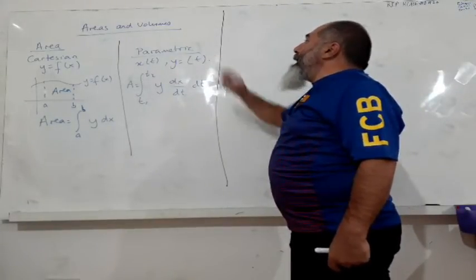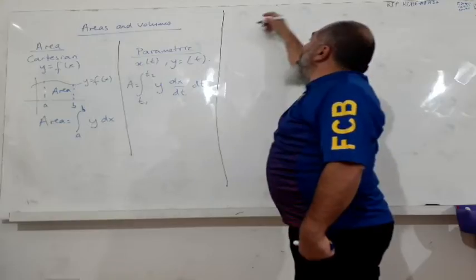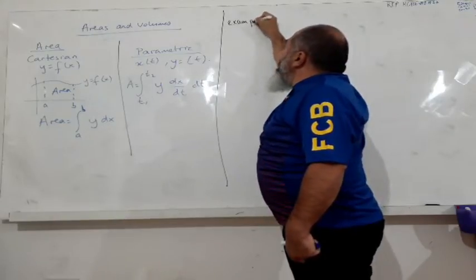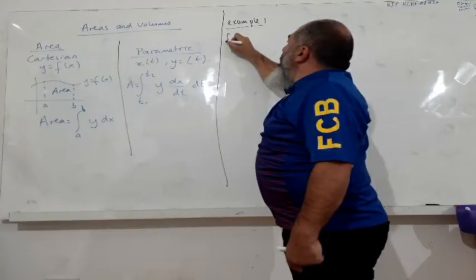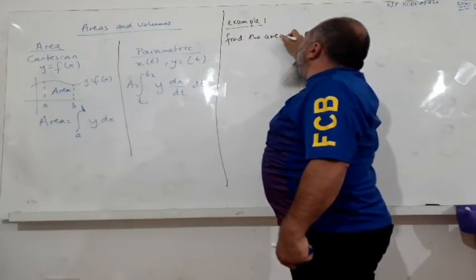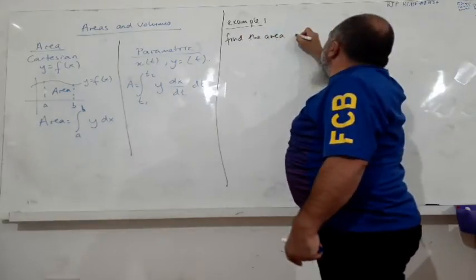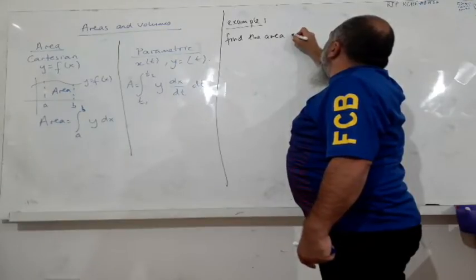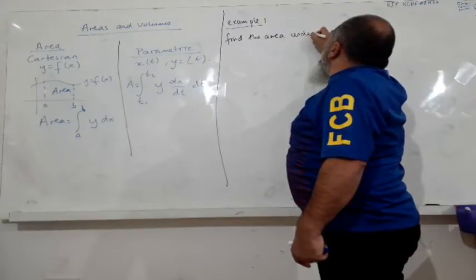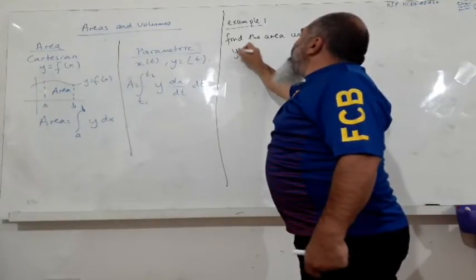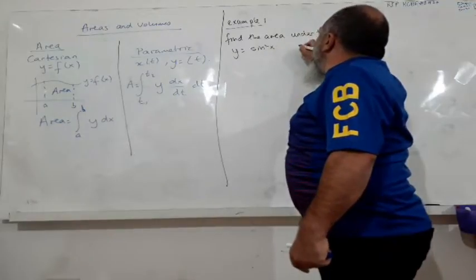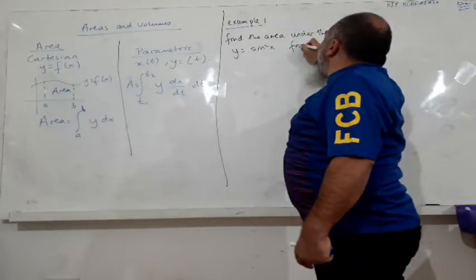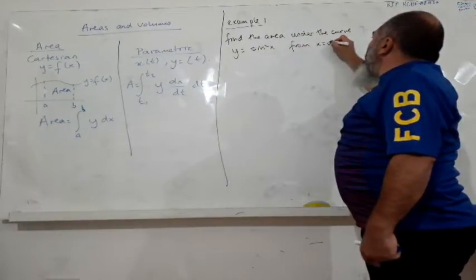Example 1. Find the area under the curve y is equal to sine square x from x is equal to 0 to x is equal to pi.